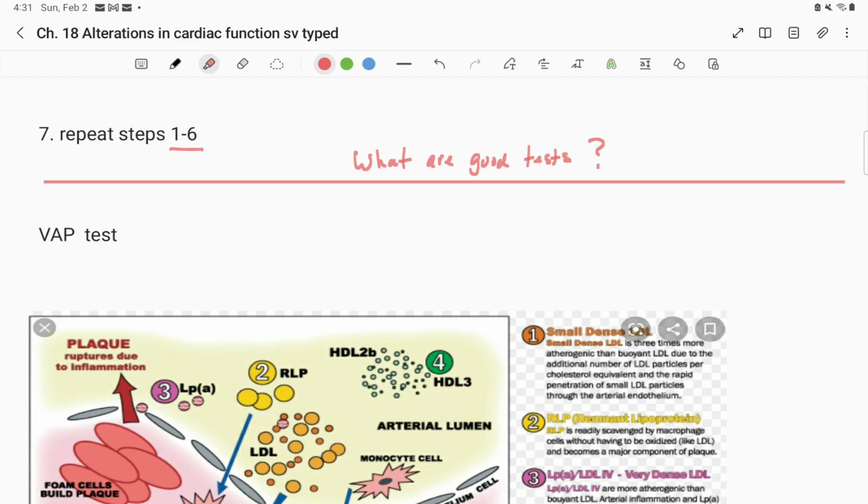Okay, now in order to understand this, you'd have to understand that there are subparticles to cholesterol. Okay, let me explain.